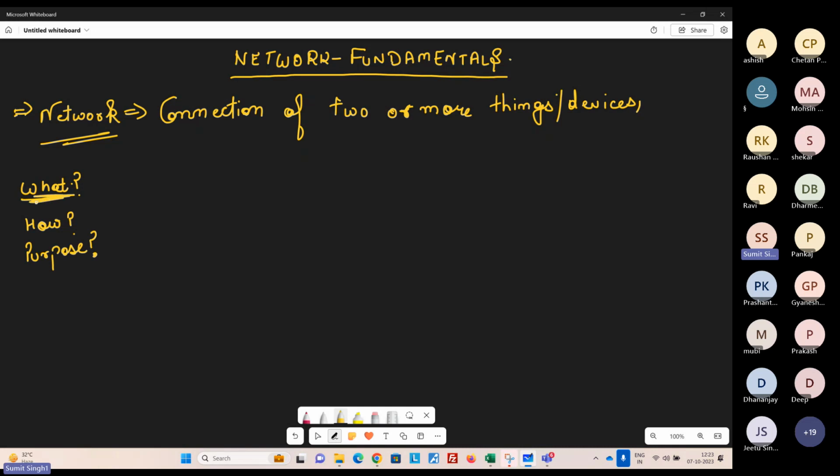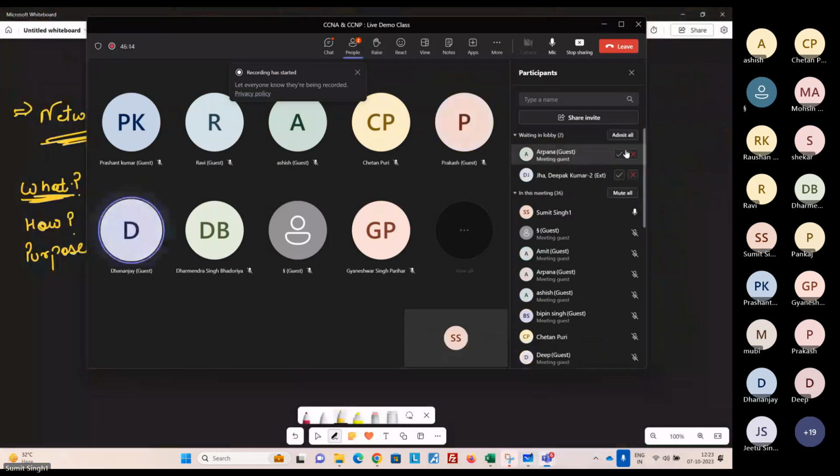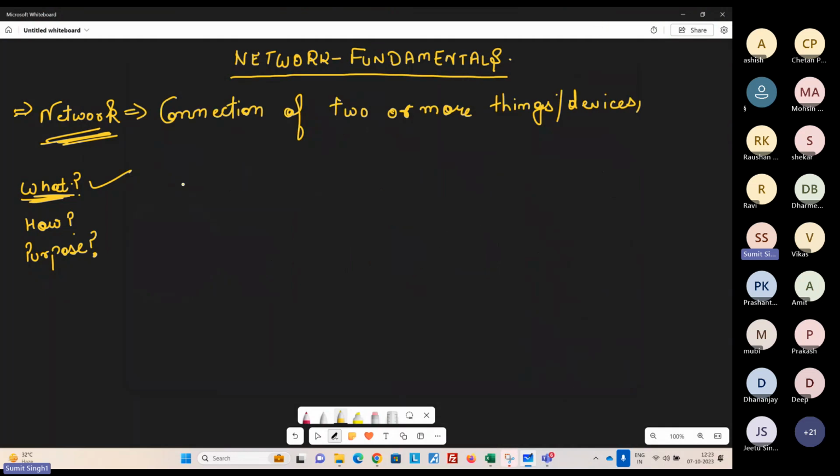So let's talk about network. What exactly is a network? Connection of two or more things or devices. Okay, done. What is done. Part two, how? Second, we have how. That we will study in the next course of action. But what is the purpose of it?